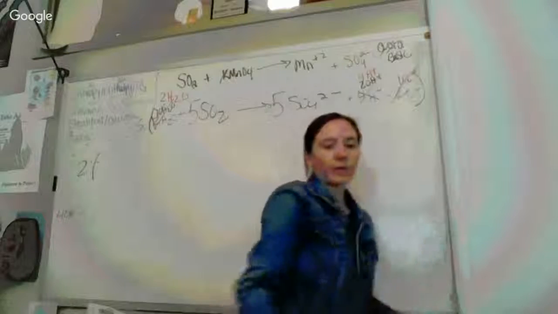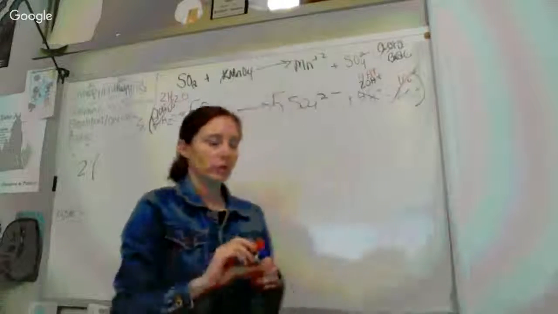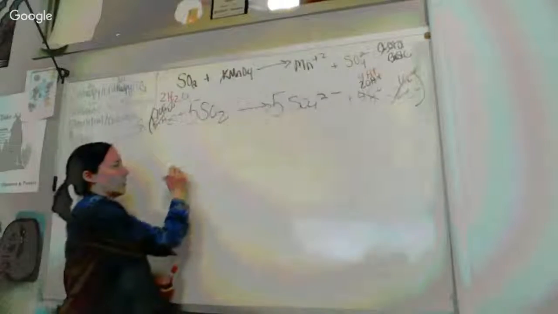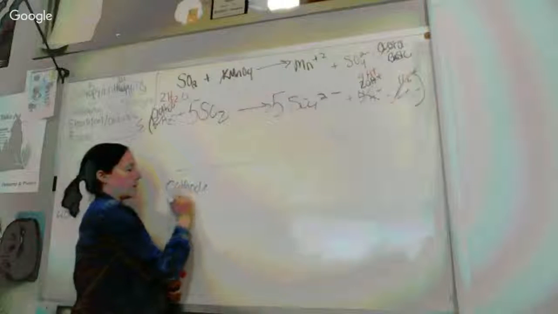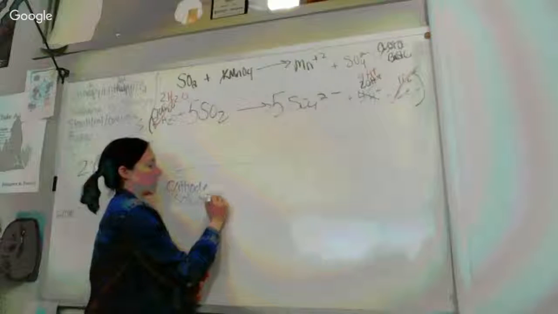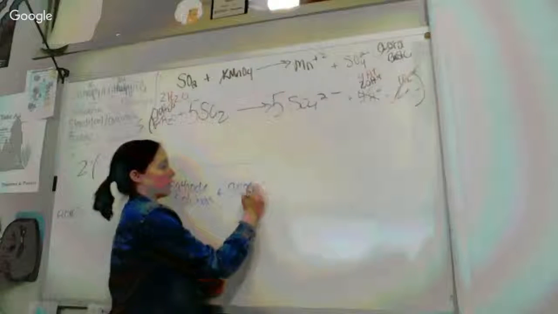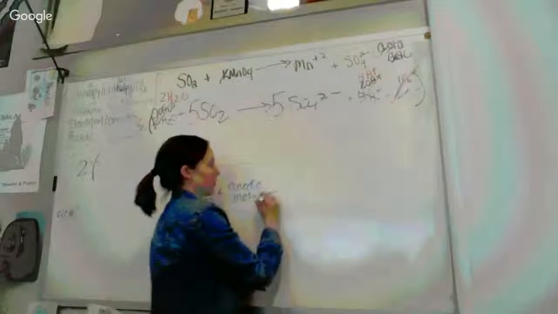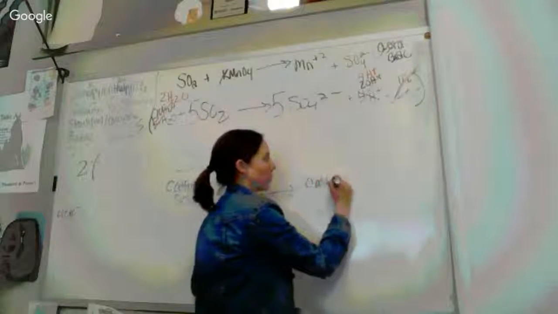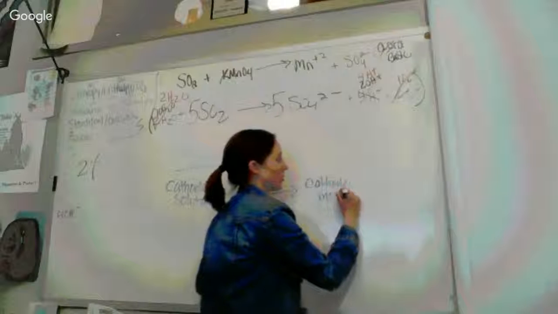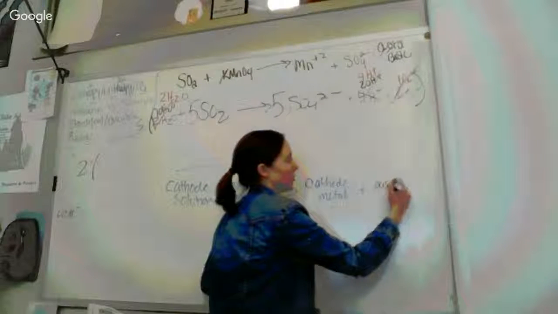And that's when we were talking about the cathode having the greater concentration or the anode having the greater concentration. So it's always going to be your cathode solution plus your anode metal will always then turn into, in whatever order, your cathode metal and anode solution.